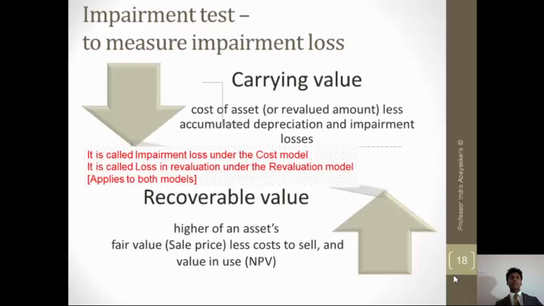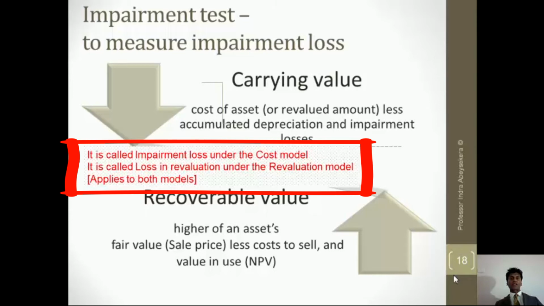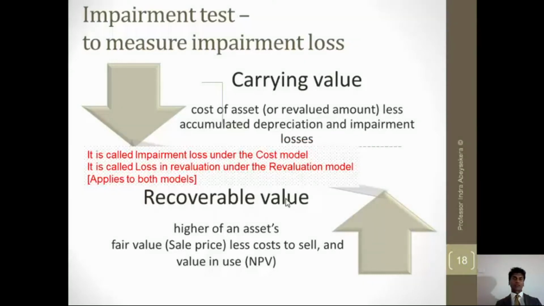Then that will be compared with the carrying value, that is the value that is recorded at present. And if the recoverable value is less than the carrying value, then we must decrease the asset value to match with the recoverable value. The decrease in value under the cost model is called impairment loss.